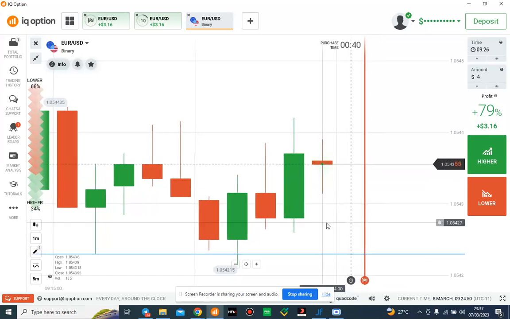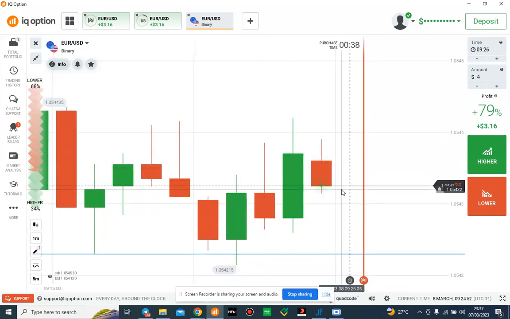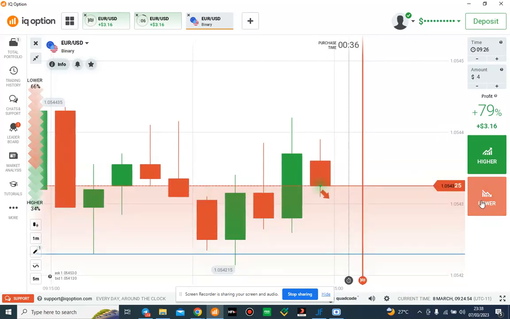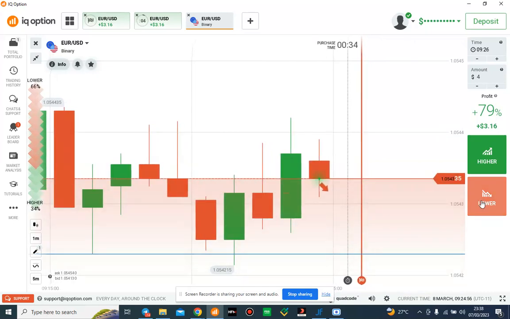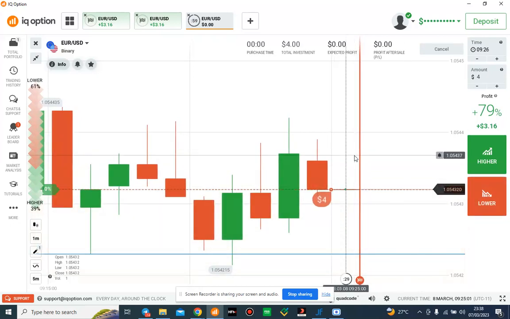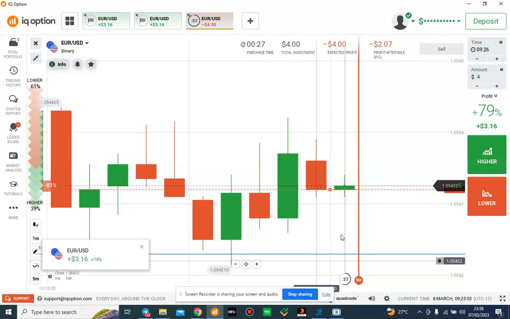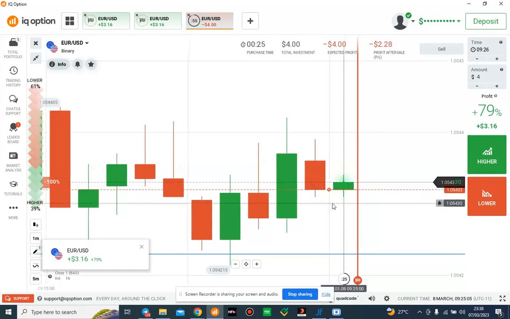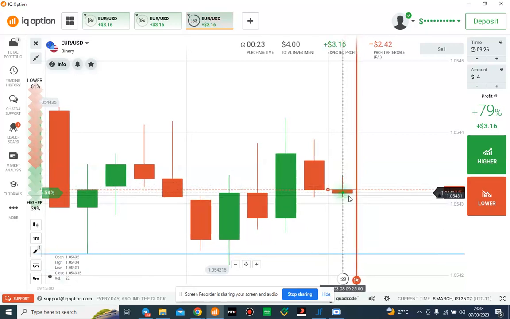The next buying zone is here. So I go with the lower option because the next buying zone is here. I expect sellers to enter the market.